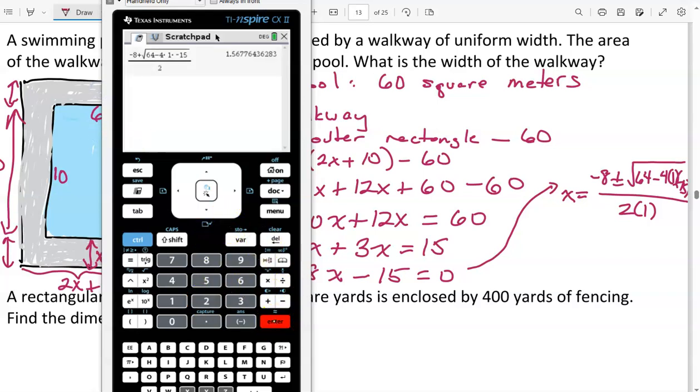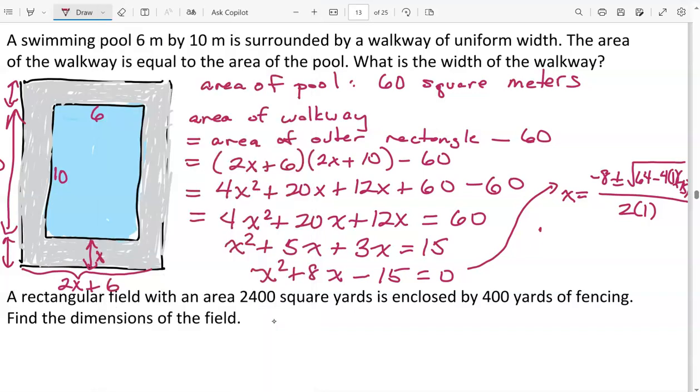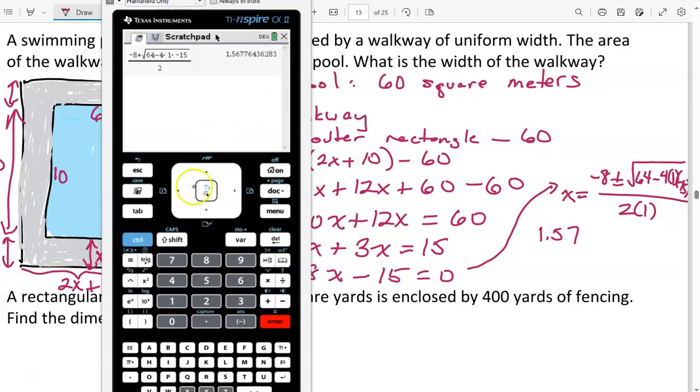So that would be using plus, and using plus we get 1.57. And if we want to do the same calculation using the minus, re-enter the entire calculation, cursor over, change that plus to a minus, and we get a negative number, negative 9.57.